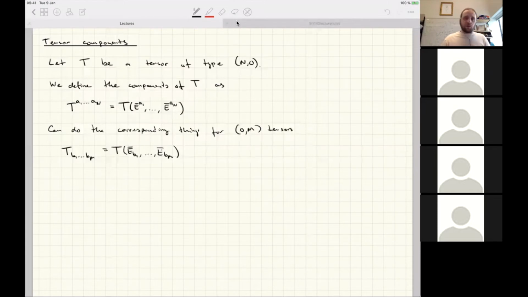And also, if you have an (n,m) tensor, you would put n dual vectors of the dual vector basis in, and you would put m of the tangent vector basis in, and then you would have so-called mixed components with both indices up and down.